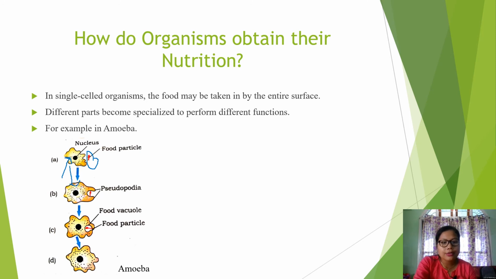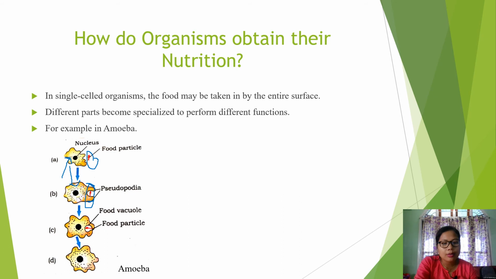So basically, how does this amoeba take food? It takes food by temporary finger-like extensions of the cell surface. You can see this extension of the cell right here.